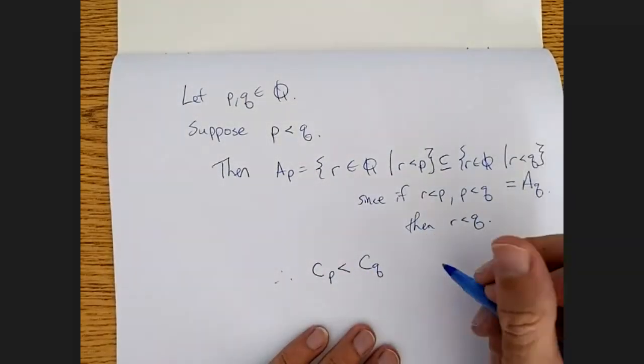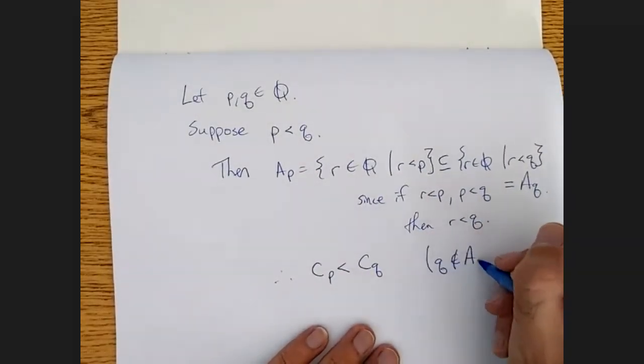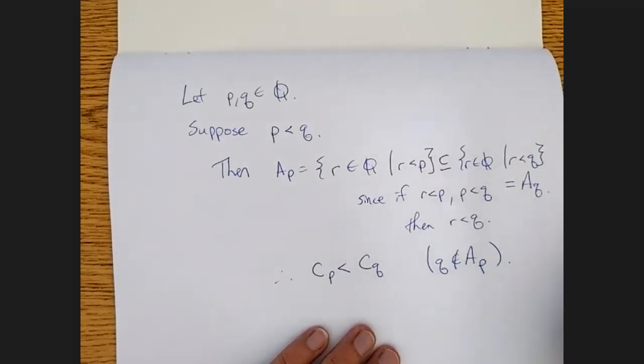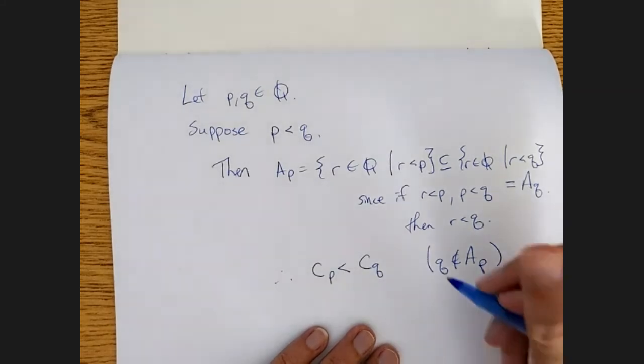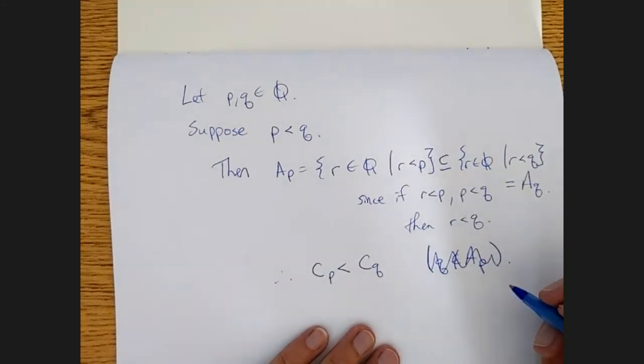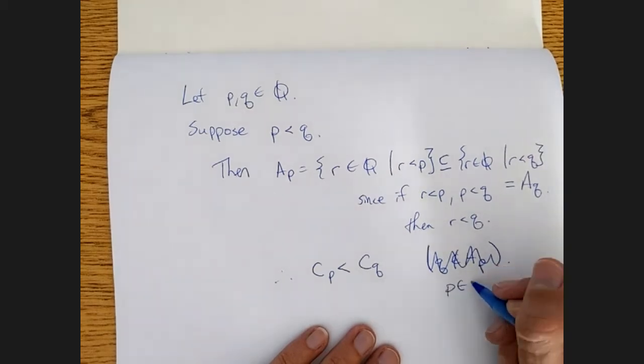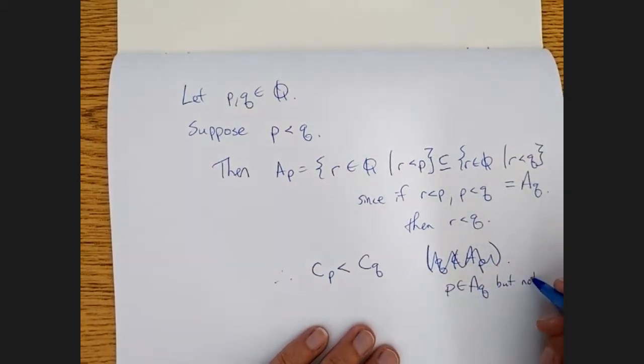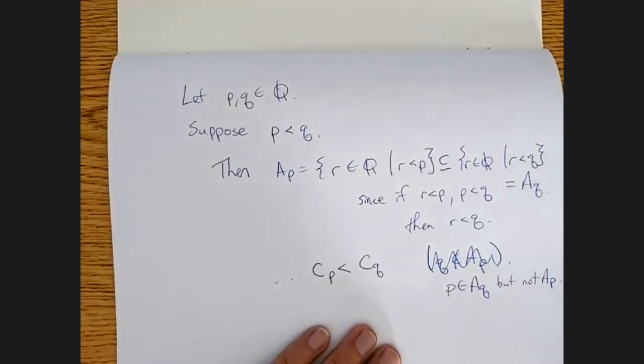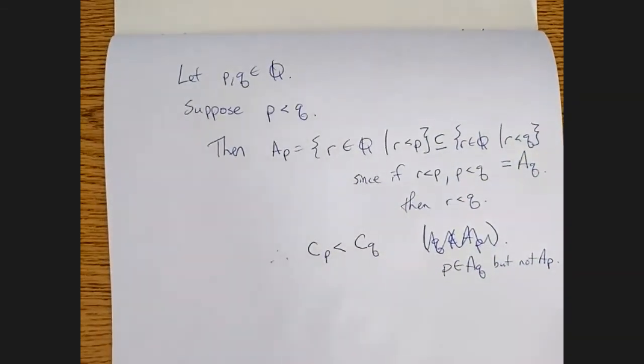But to show not equal to, we can say that P is in AQ but not in AP. So CP is less than CQ.